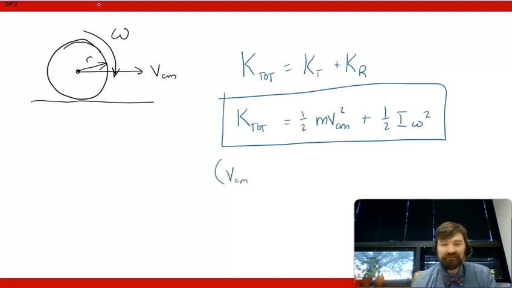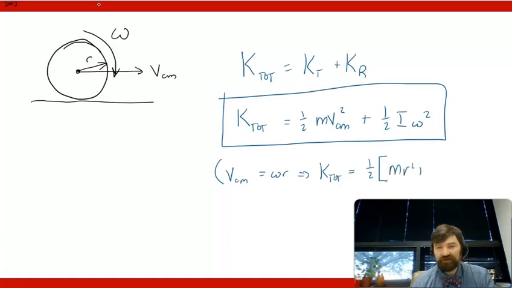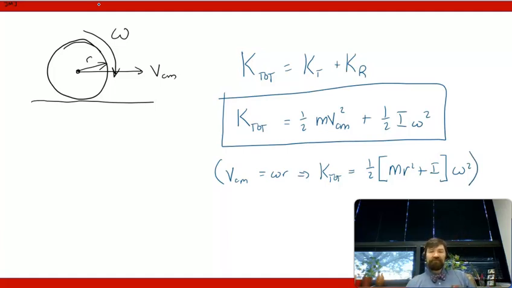And we can box that result as the overall result, but we can also remember that v center of mass is equal to omega r, and so you can combine this whole thing to look like K total is equal to 1/2 of m r squared plus I times omega squared. So that's putting everything in terms of just omega.